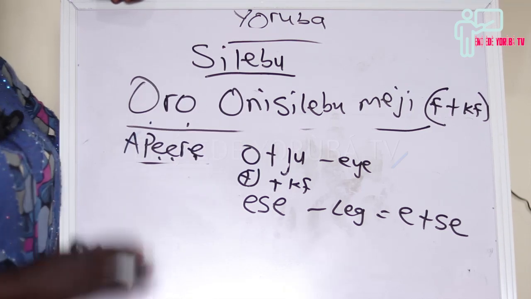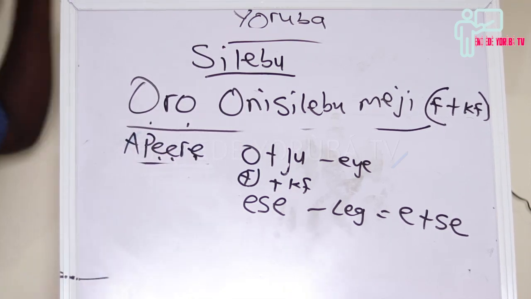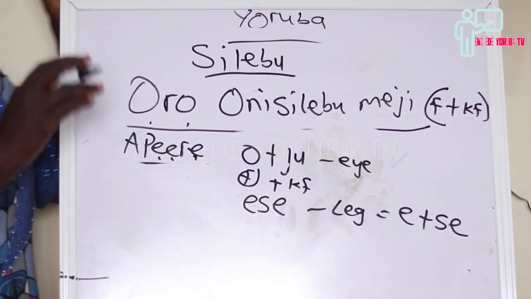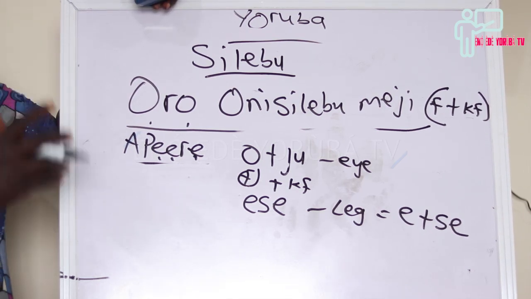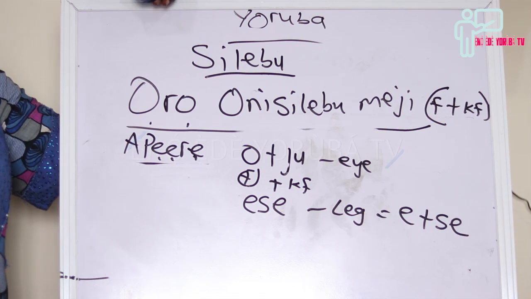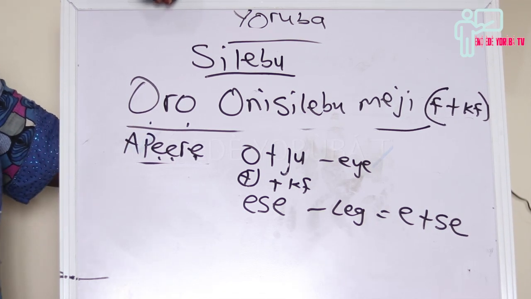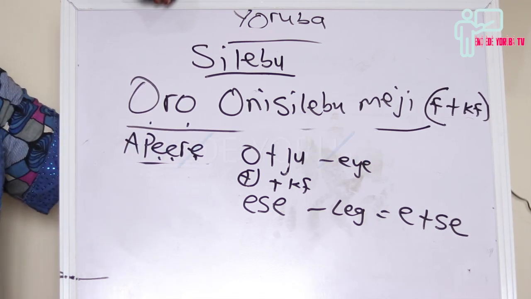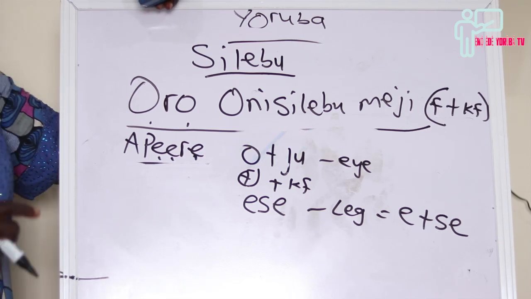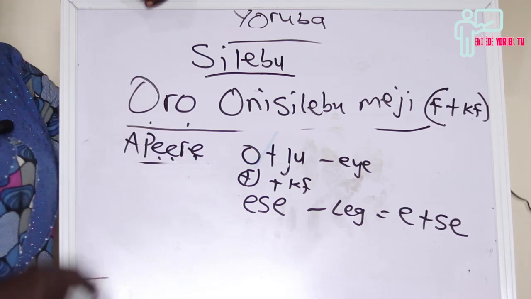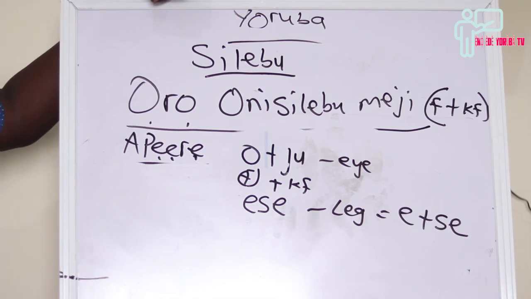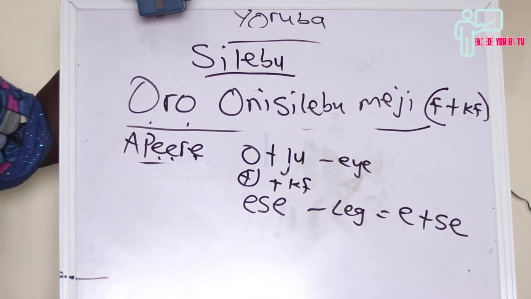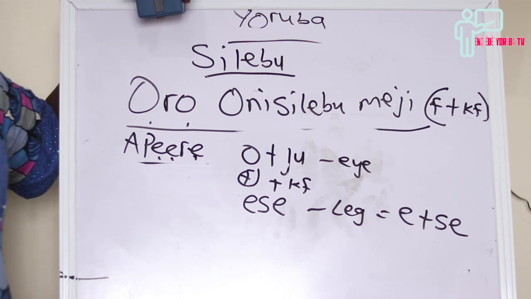So ó jẹ́ àpẹẹrẹ ọ̀rọ̀ onísílébù méjì. So we've learned about ọ̀rọ̀ onísílébù kan, one syllable and two syllable. So ọ̀rọ̀ onísílébù méjì. We also have ọ̀rọ̀ onísílébù mẹ́ta, ọ̀rọ̀ onísílébù mẹ́rin, and so on.